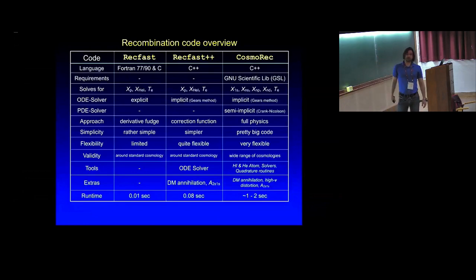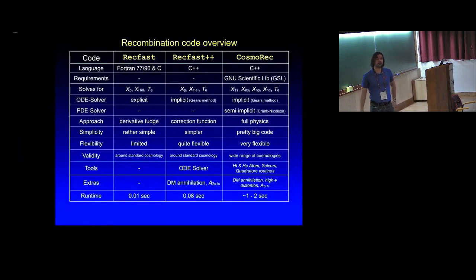These 2 codes are written in C++, although RecFast++ is not using as much of the C++ object-oriented capabilities, so it's kept very simple. There are no requirements for RecFast and RecFast++, but for CosmoRec you need the standard GSL library. And there's also a feature for showing the radiative transfer solution in real time, which I will try to illustrate later, which depends on the Grace library, a package which allows you to basically play video.